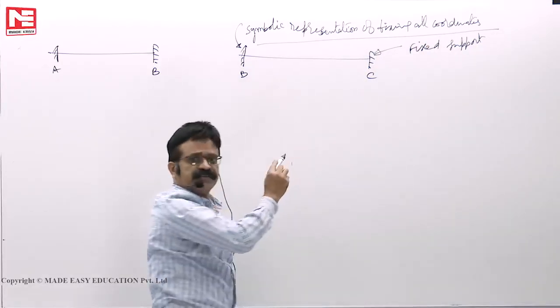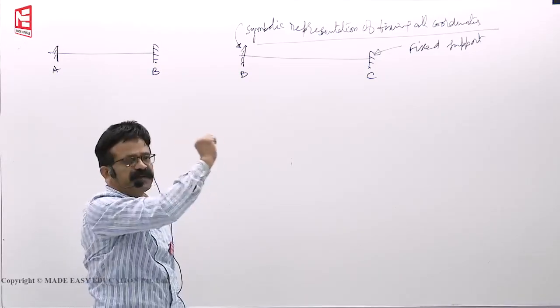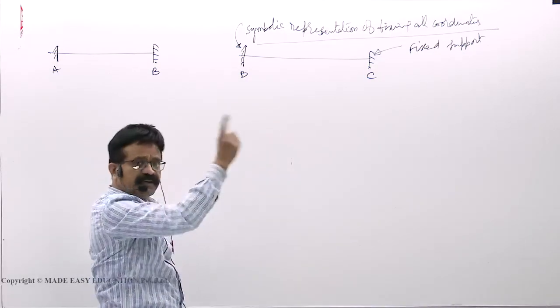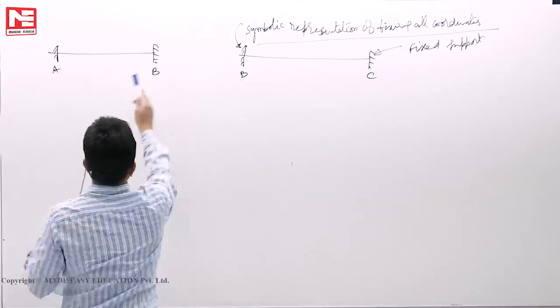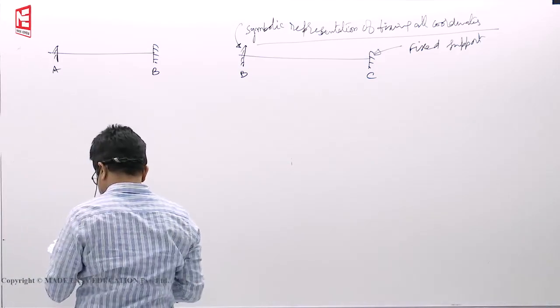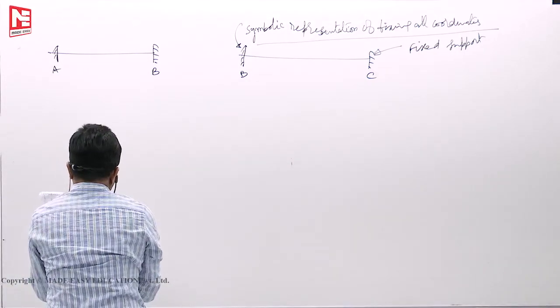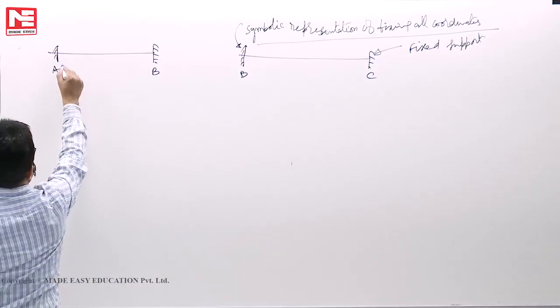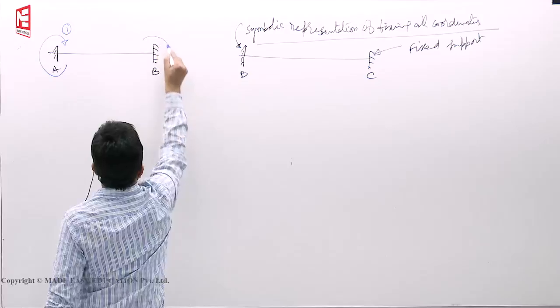This we fixed because there is a coordinate, so symbolically we have to fix it. At C a fixed support is already there, you fix it as it is. So this and this are the symbolic representation of fixing the supports. Now apply unit displacement. This is coordinate 1. This is coordinate 2.